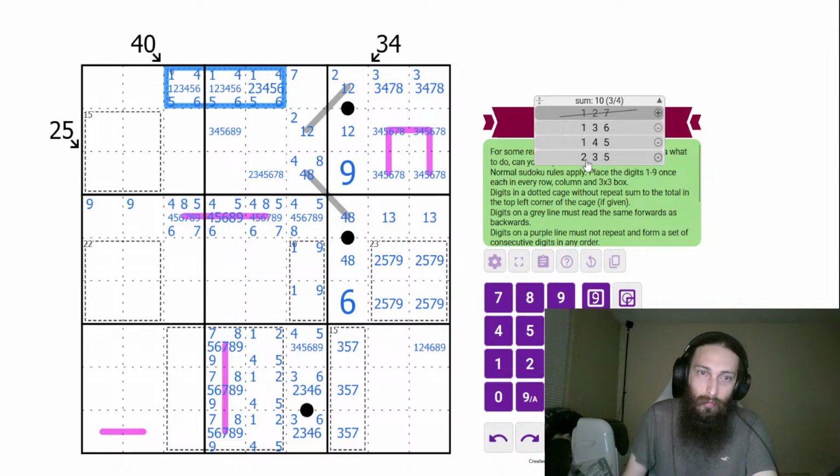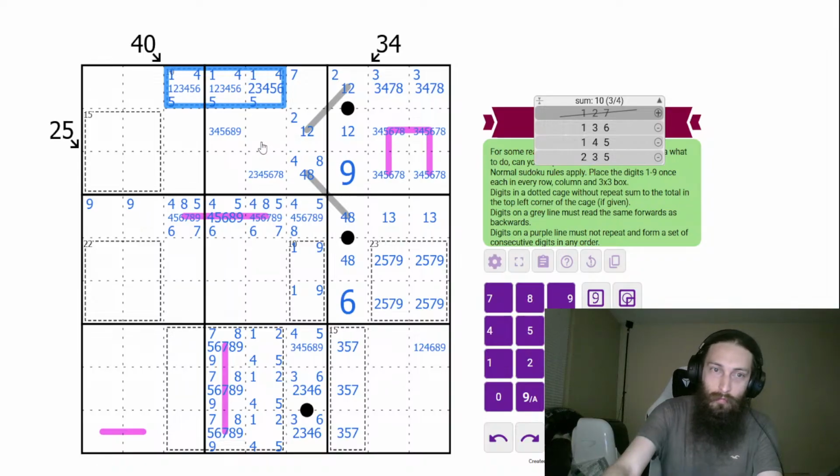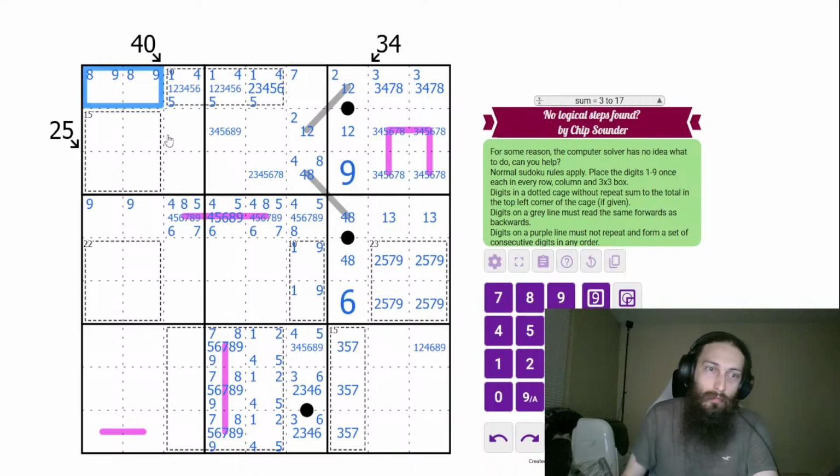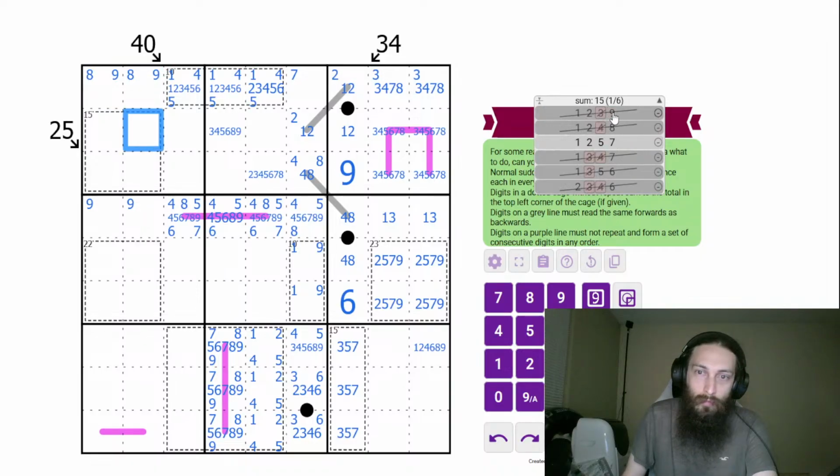And that's 16, so 6 goes away. It's 1, 4, 5. And that's an 8, 9 at the front of the row. And now 9 and 9 in columns 1 and 2.